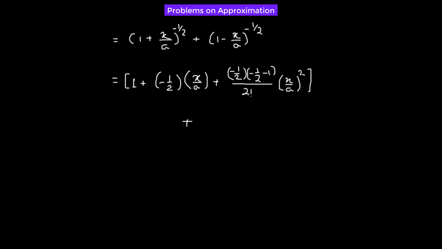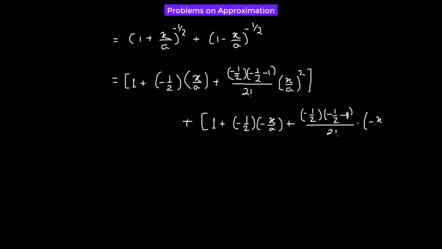plus the binomial expansion of the second expression. So we'll have 1 plus negative half times negative x over a plus negative half times negative half minus 1, this is negative 1, divided by 2 factorial, times negative x over a whole squared.